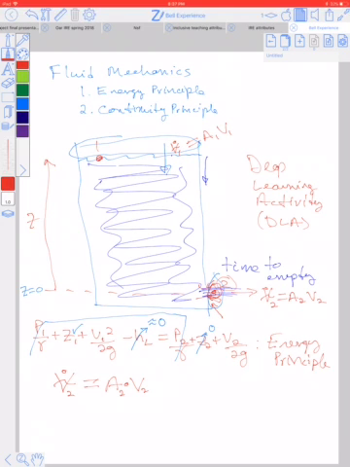So we can simplify this equation to say volumetric flow rate at 2 equals area at 2 times velocity 2, equals volumetric flow rate at 1, area 1 times velocity 1. We can just call all of that volumetric flow rate.